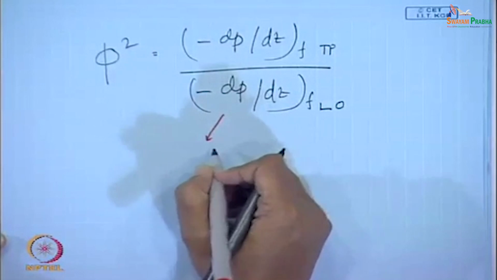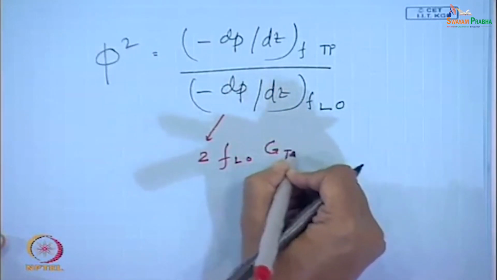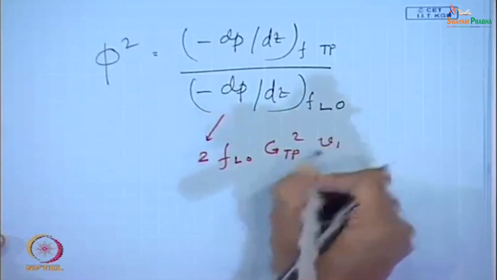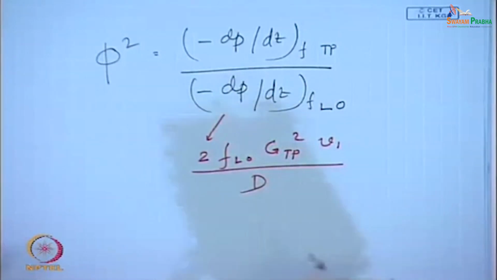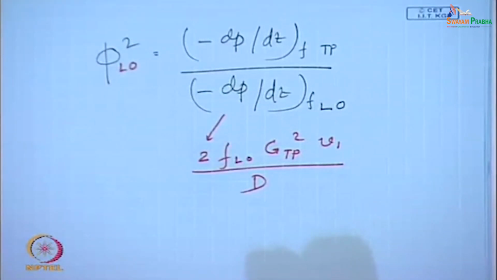It will be 2 f_LO G square v1 by D, which we have obtained so long, correct. This correction factor is known as phi square LO. Do you get my point?